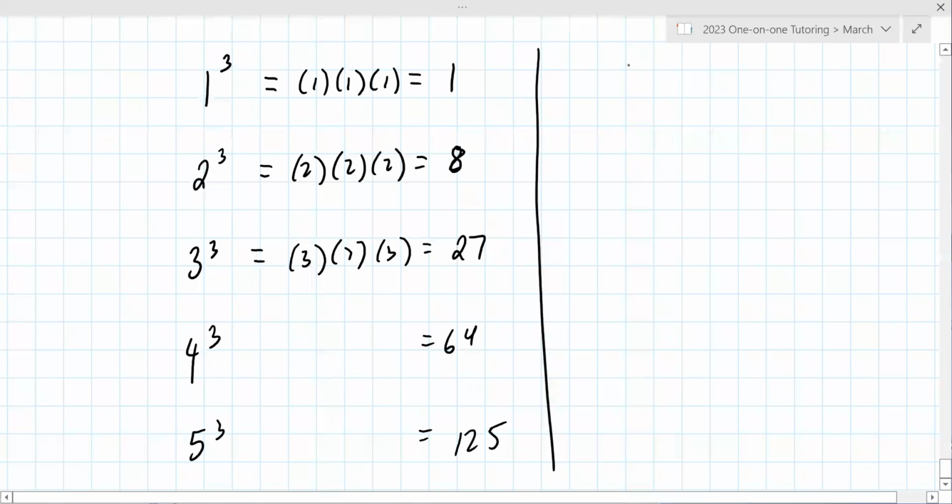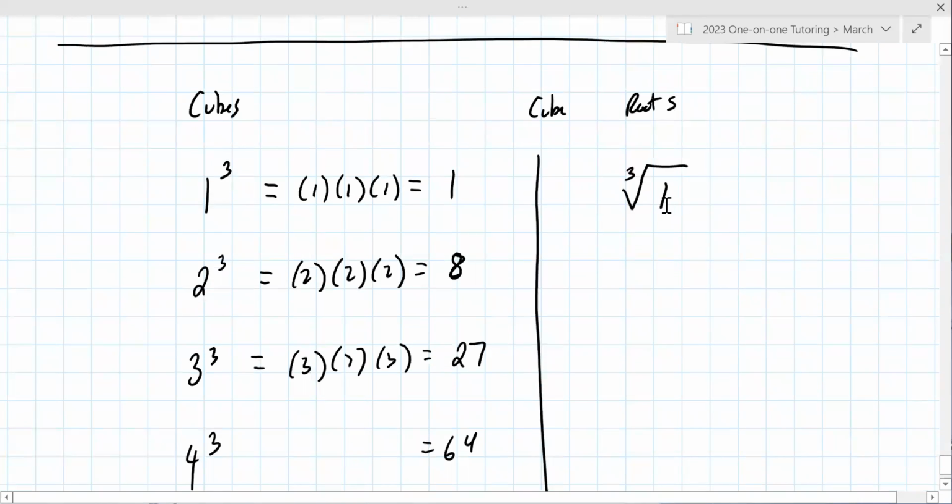Now, very similarly, we can take the cube root of these numbers. The cube root of 1 is literally asking, what number do you multiply by itself 3 times to get the number inside here? And that is 1. The cube root of 8 is 2. That means you take 2 times 2 times 2 to get 8.